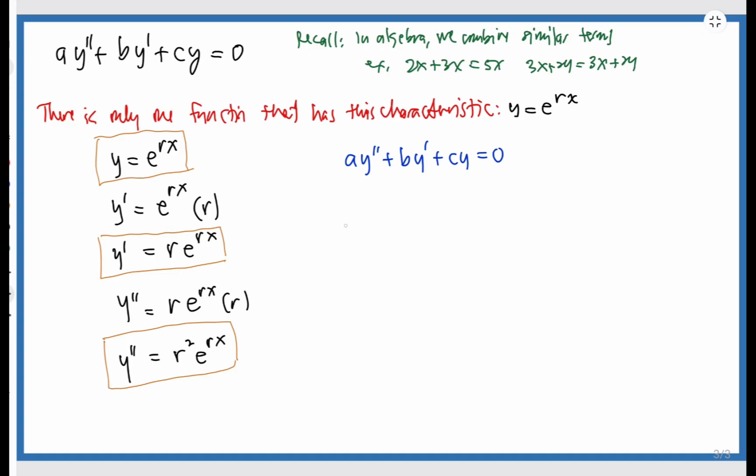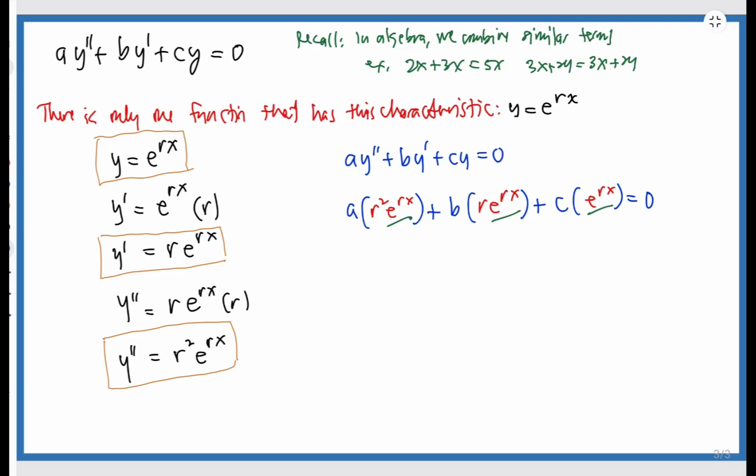So a times y double prime, which is r squared e to the rx, plus b times y prime, r e to the rx, plus c times y, which is e to the rx, equals 0.